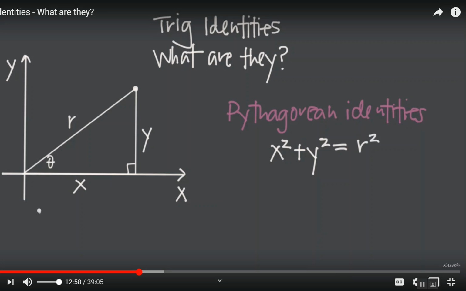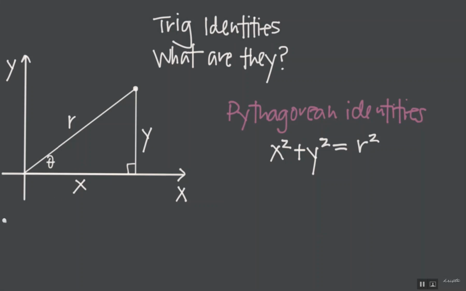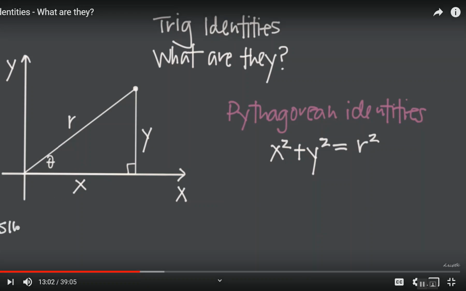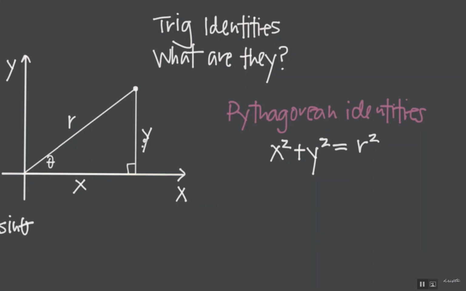Remember though, before when we were looking at our 6 trig functions, we said that sine of theta was equal to opposite over hypotenuse, y over r. Well, if we multiply both sides by r, we get r sine theta is equal to y. And that's important because here we have our Pythagorean theorem and we have a value for y.